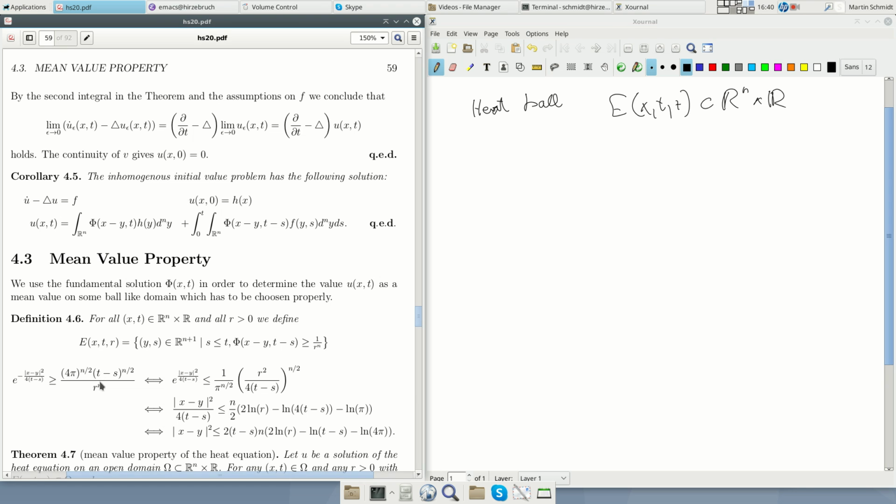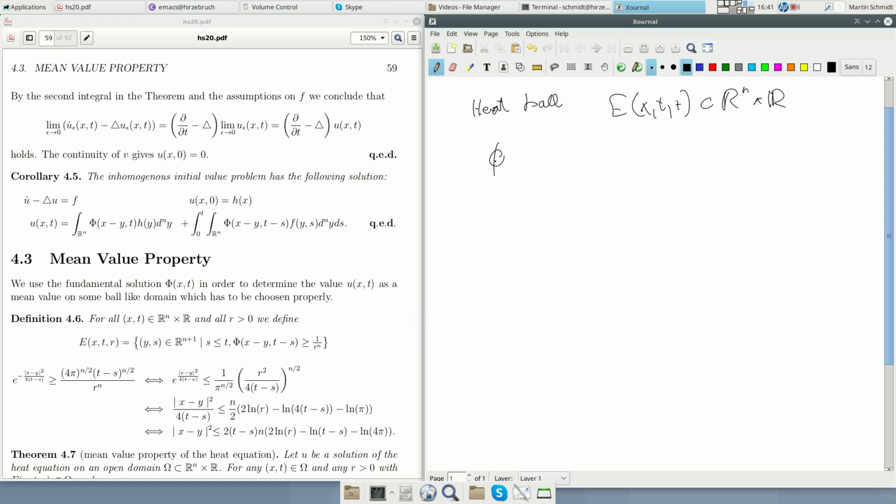Now let's analyze or describe this set here. This is the fundamental solution, and besides this factor, this is also the fundamental solution. Maybe I write how it looks like for x minus y, t minus s.